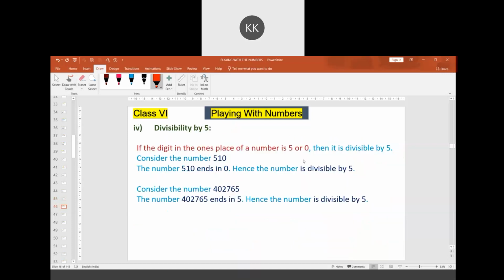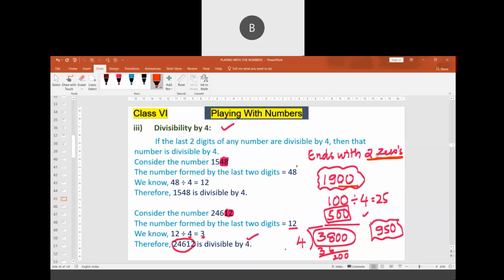Sir, if the number is ending with only 0, is it also divisible by 4? Very good question.